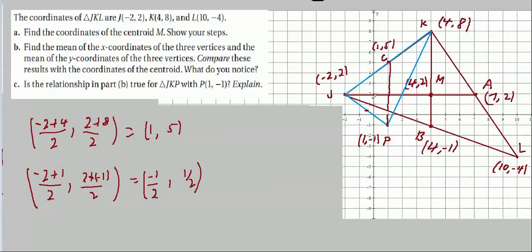So now we have to find an equation for the line from this midpoint to this vertex. Let's start with this one. We've already found, and I didn't write it in, did I?